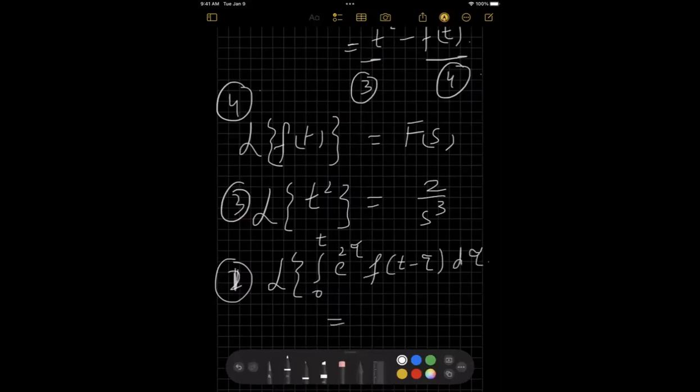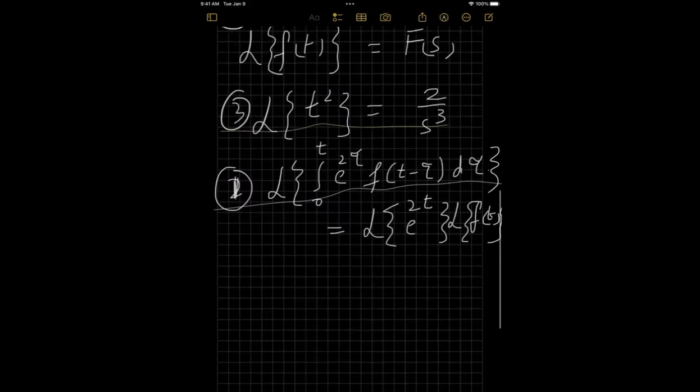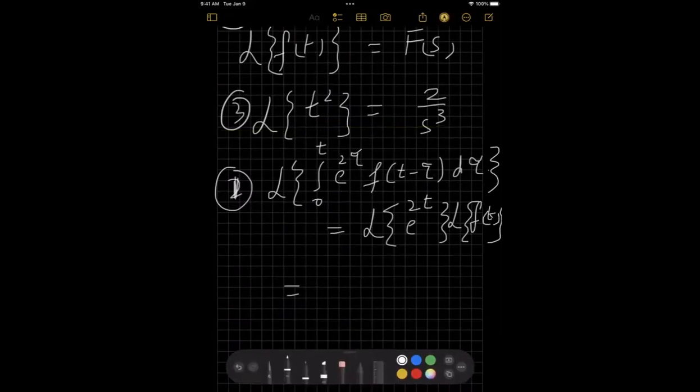It equals Laplace of e raised to power 2t times Laplace of f of t. So this will equal 1 over s minus 2 for this one and F of s for the second one. So this is our first part.